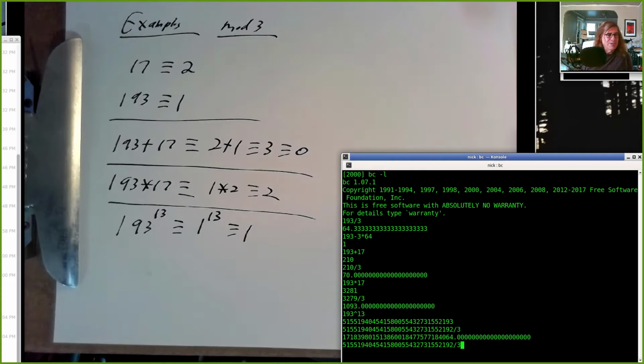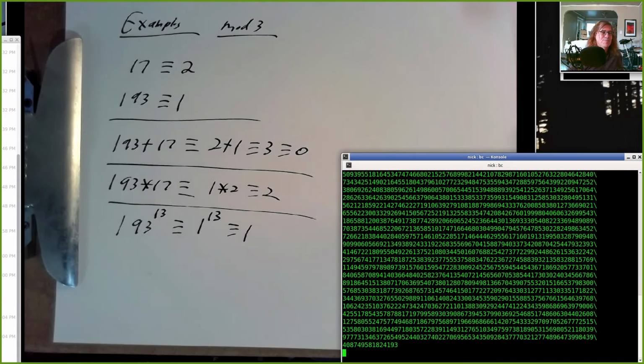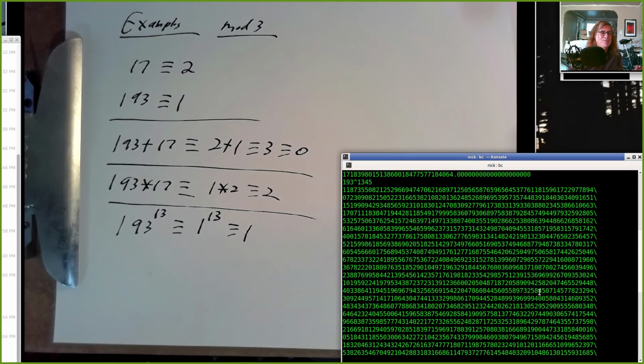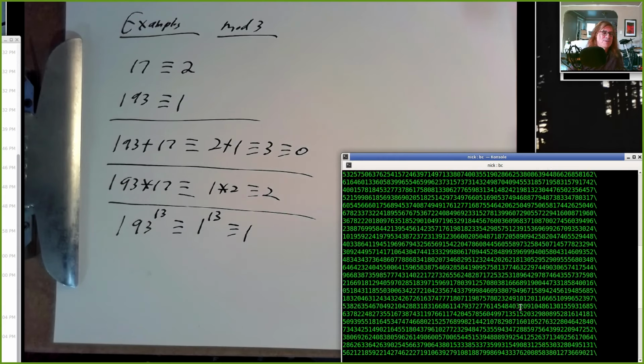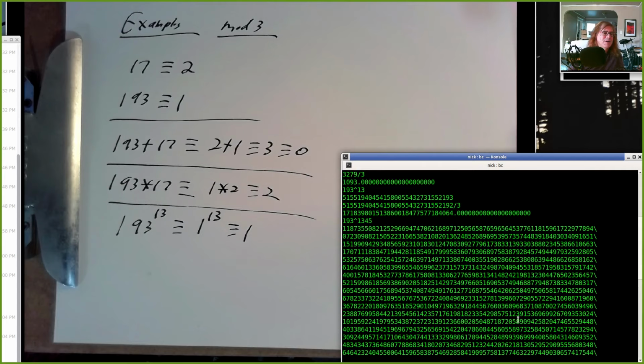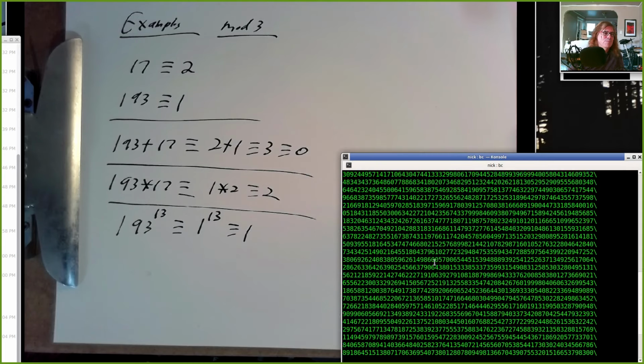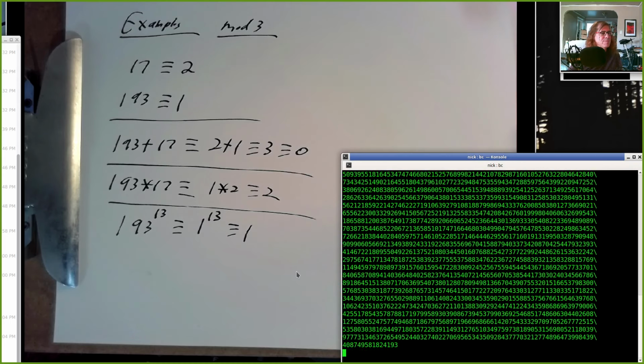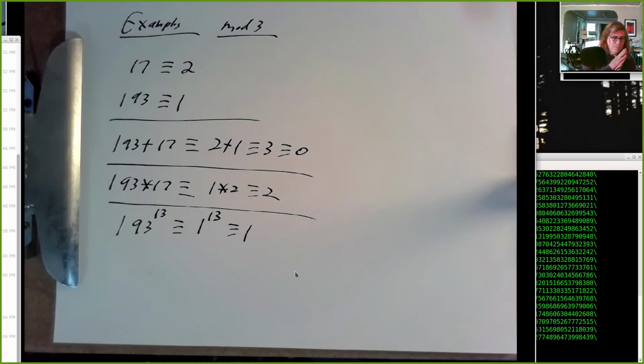Or if we wanted to raise this to the 1,345th, we'd get a big number, and the hardware in our machine can't handle that as integers. We have to do this digit by digit, basically what we do with pencil and paper. But I can guarantee that this thing is going to be congruent to 1, 1 more than a multiple of 3. All right, so we can do math modulo m.